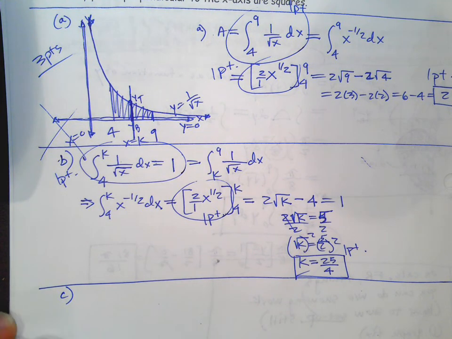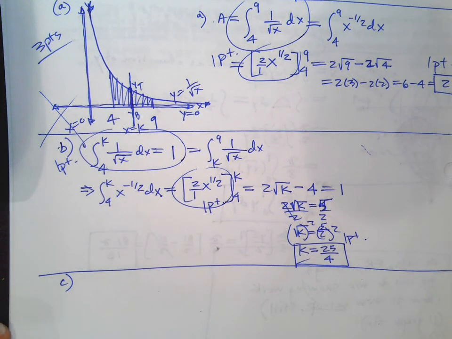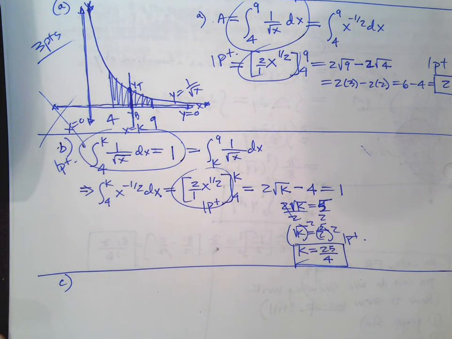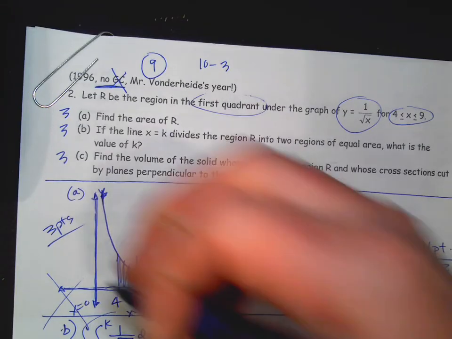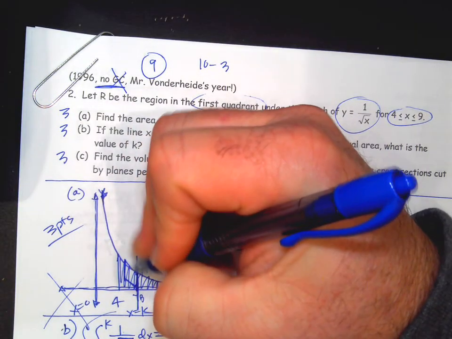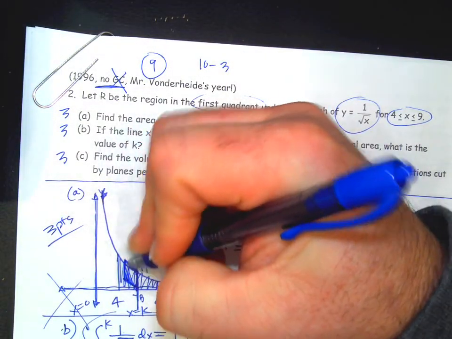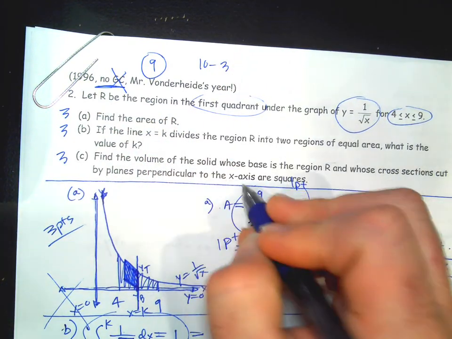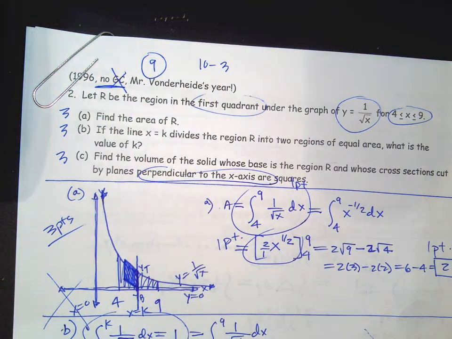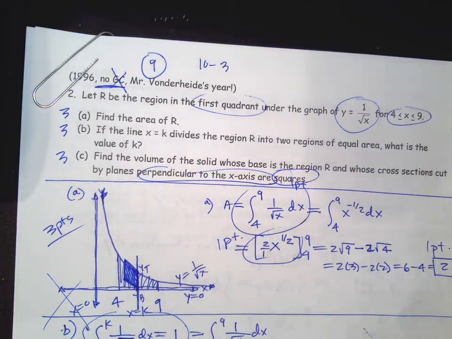All right, C. C says find the volume of a solid whose base is the region R and whose cross sections cut by planes perpendicular to the x-axis are squares. So I'm going to use my same picture up here. We're doing volume by cross section now. Vertical slices perpendicular to the x-axis. You got to pay attention to that. Careful. They're squares.